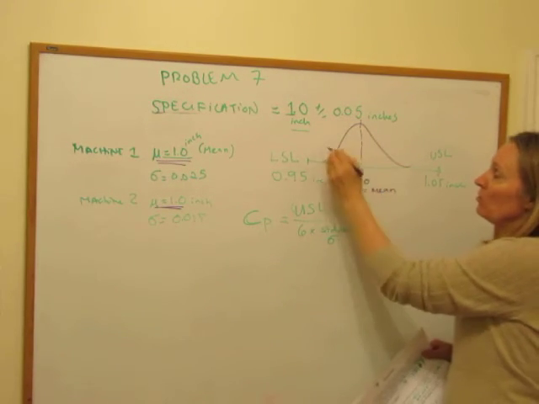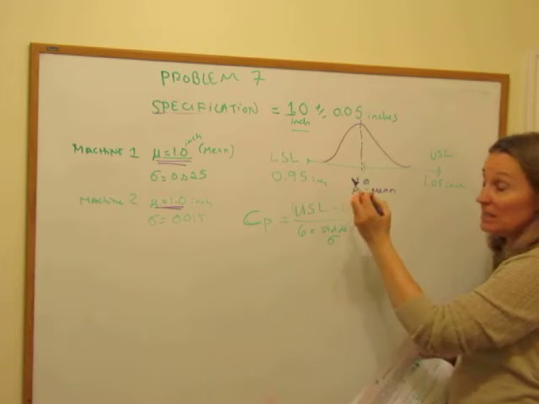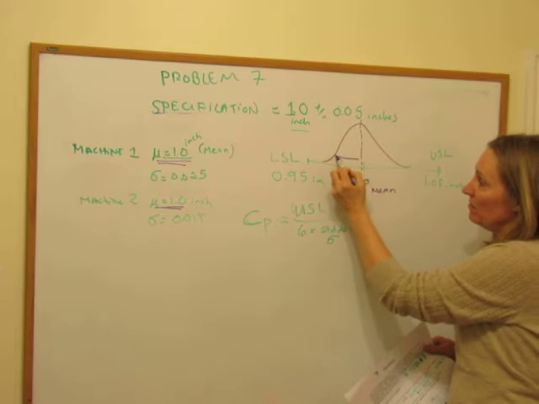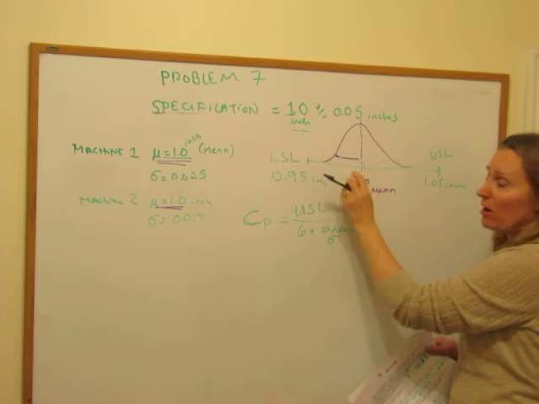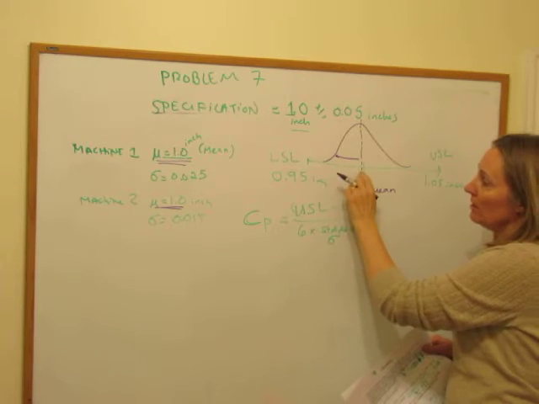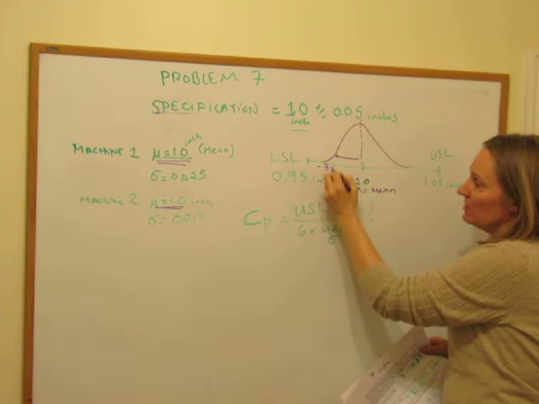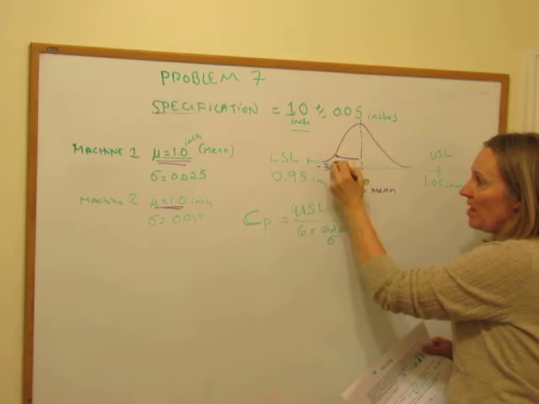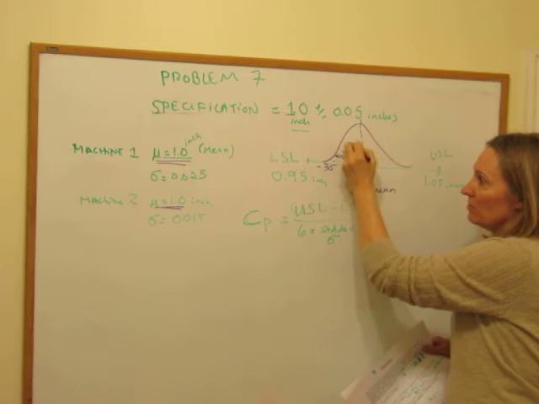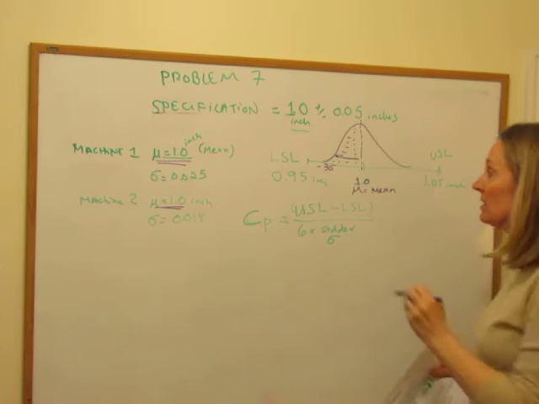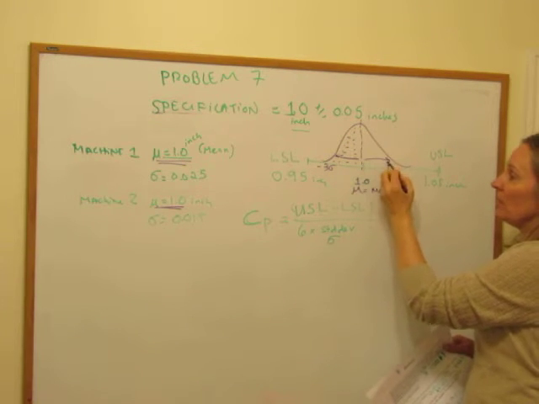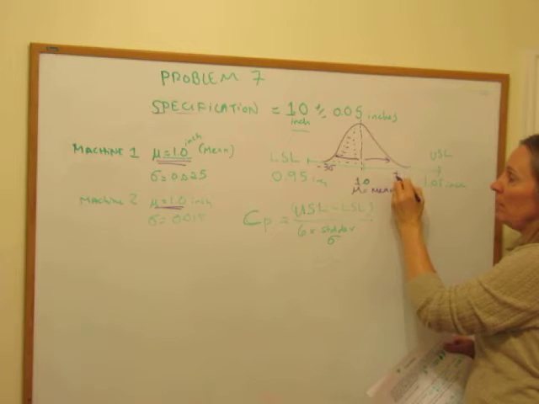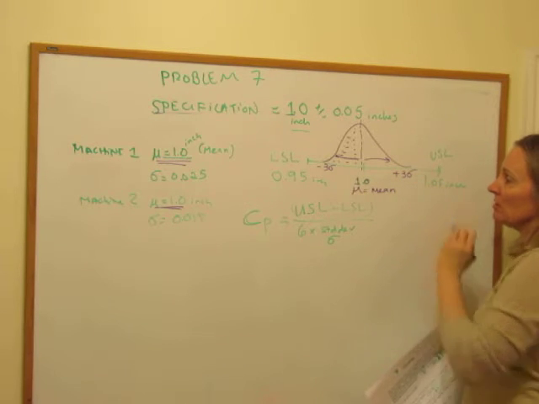And we know from the normal distribution curve from our statistics class that 50% of the product is going to lie from minus 3 standard deviations to the mean, and the other 50% of the product will be from the mean to the mean plus 3 times the standard deviation.